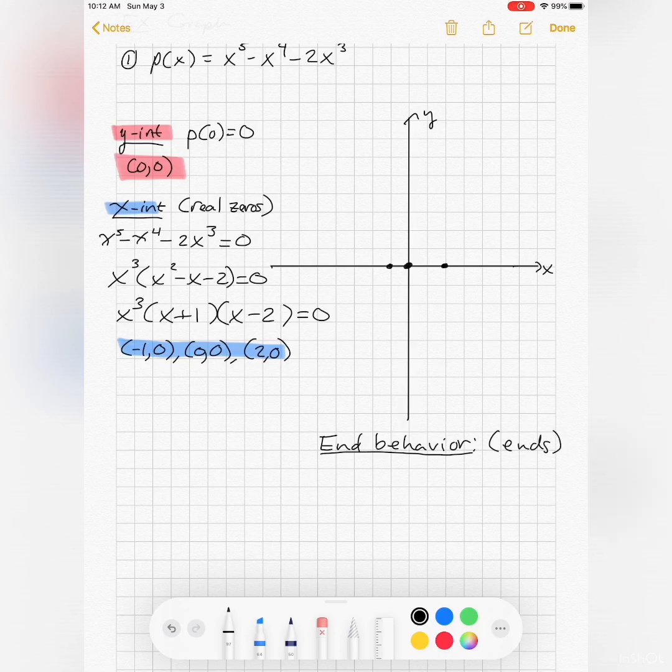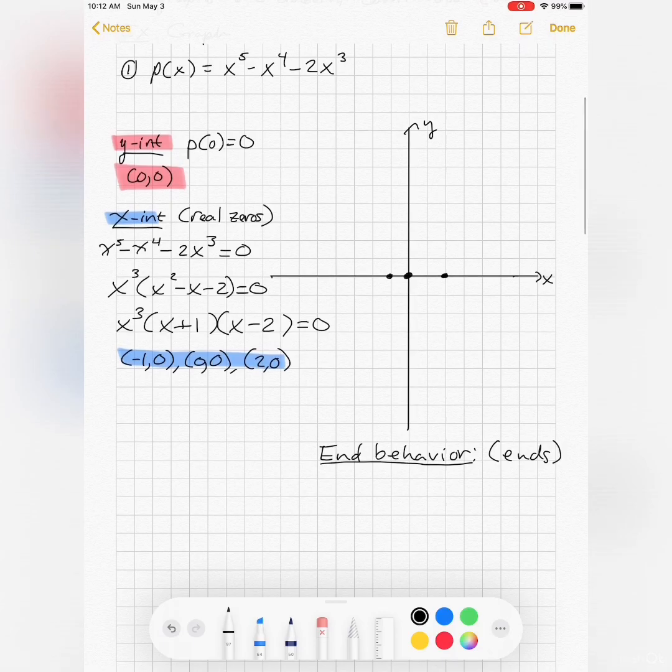So if you look back at the function here, on the ends, so over here and over here, x is a huge number, huge in magnitude. It's positive or negative, but it's a big number. So if x is a huge number, x to the 5th is going to be far larger than x to the 4th and x cubed.